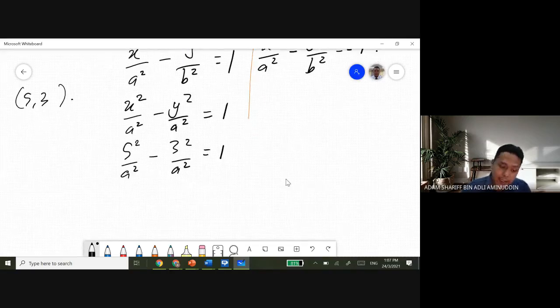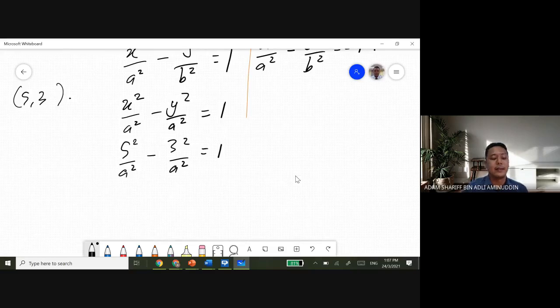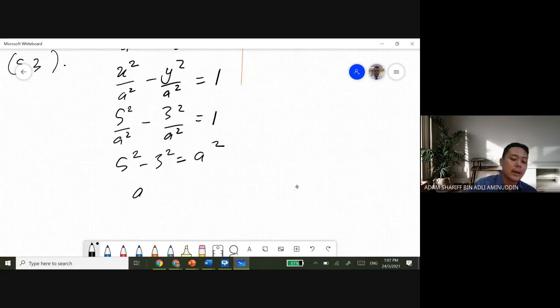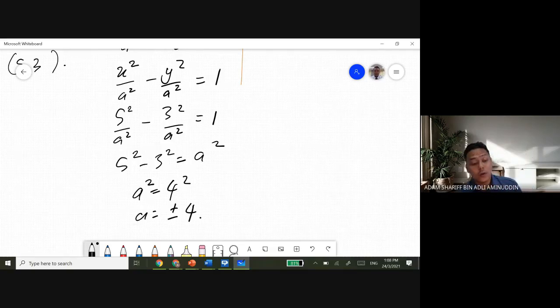Jadi kita boleh tahu nilai a daripada sini. Yang mana 5 squared minus 3 squared equals a squared. Jadi kita tahu a squared equals 4 squared and a equals plus minus 4. And because a equals plus minus 4 and a equals b, therefore b is also plus minus 4.